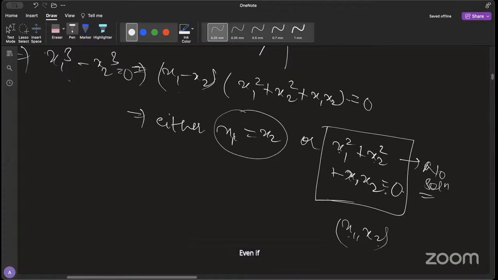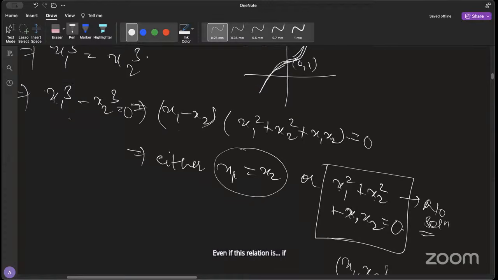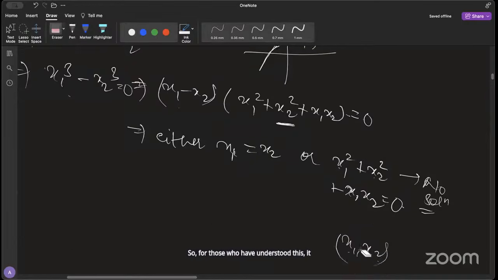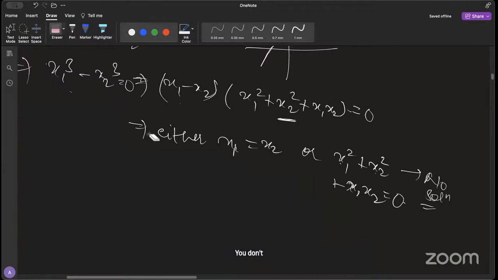For this to be 0, you would want this entire thing to be 0. It's also 0 when this thing is 0. Only this one forces x1 and x2 to be equal. That's why you want this to have no solution. So for those who have understood this, it's good. For those who haven't, you don't have to use this approach.